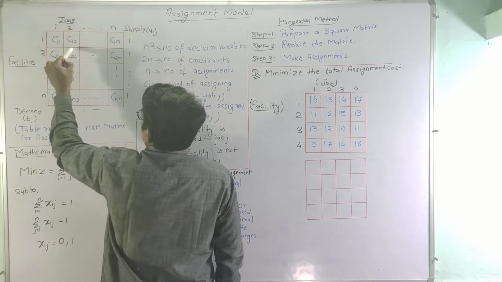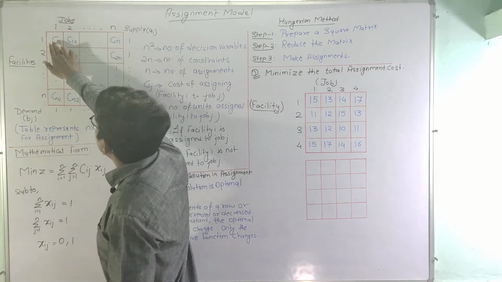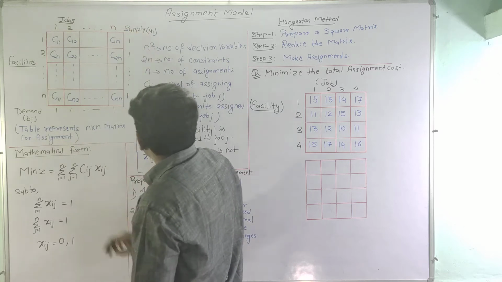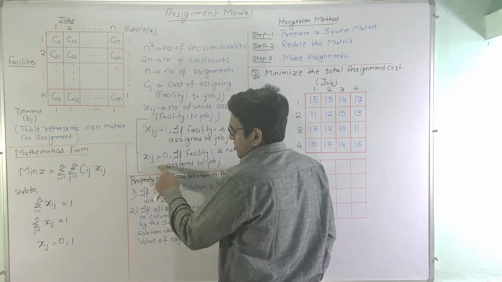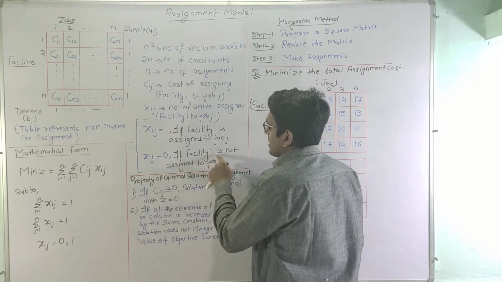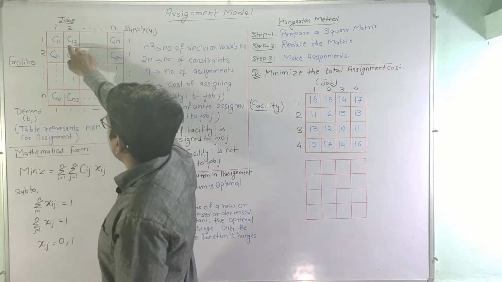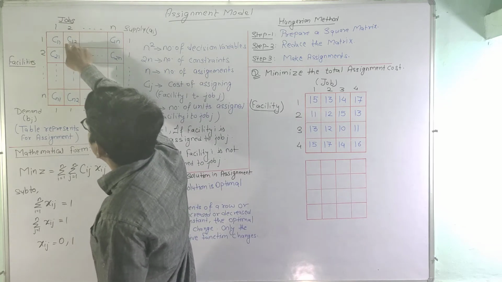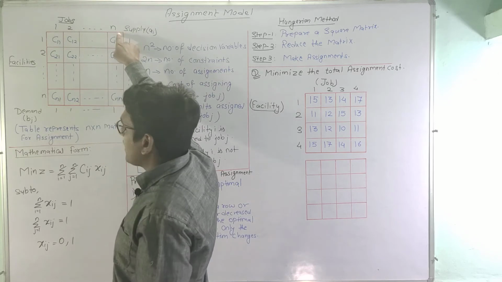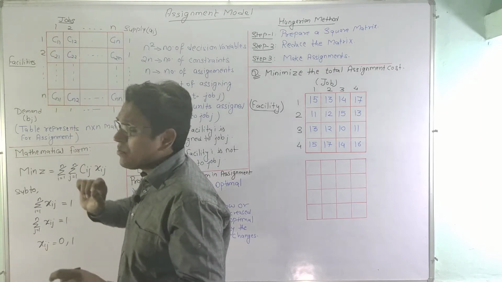Similarly, no more assignment can be done in this column. So the Xij value for the other cells in this row is equal to 0. This is what is written here: Xij is equal to 0 if the facility i is not assigned to job j. We have assigned here and the rest of the cells in this row are not assigned, so the value of Xij in all these cells is 0.